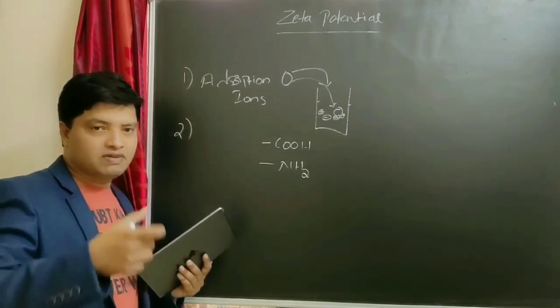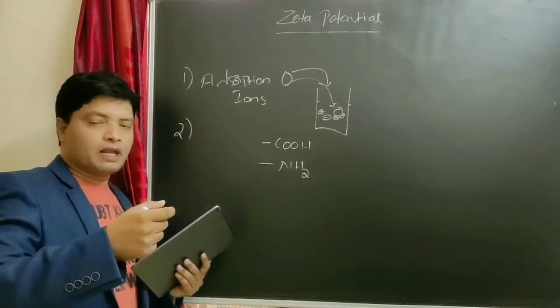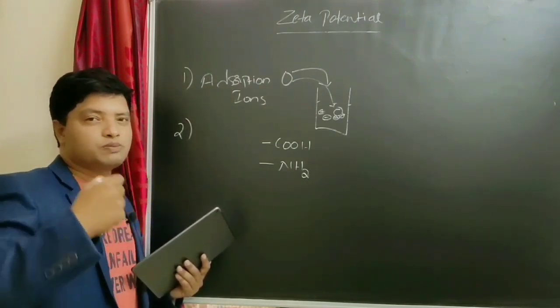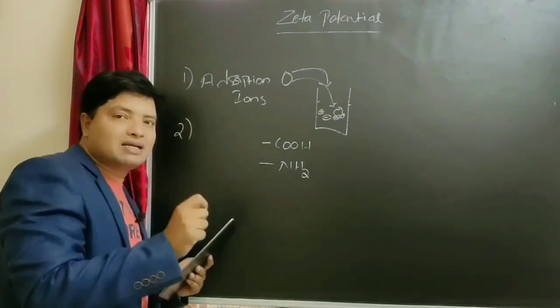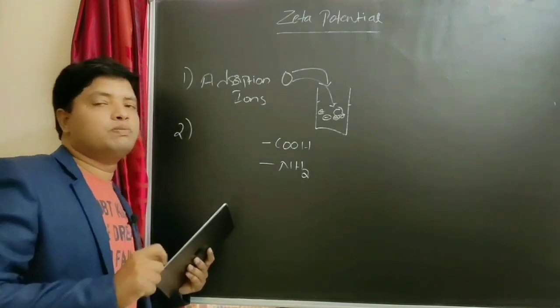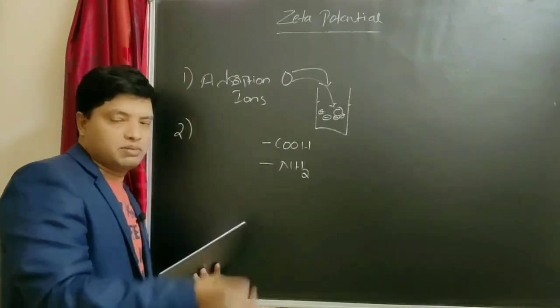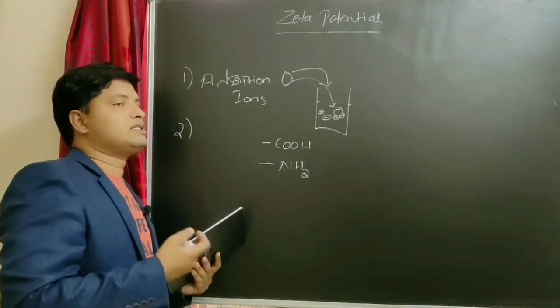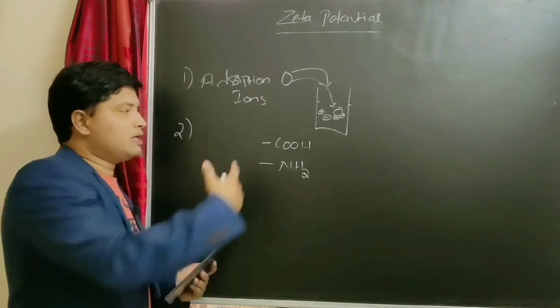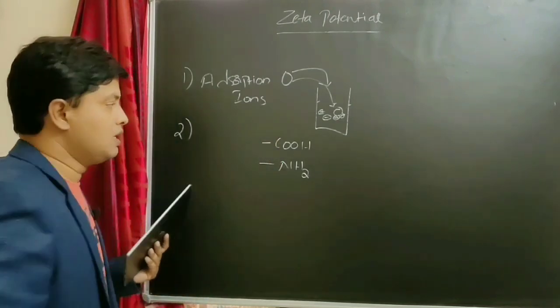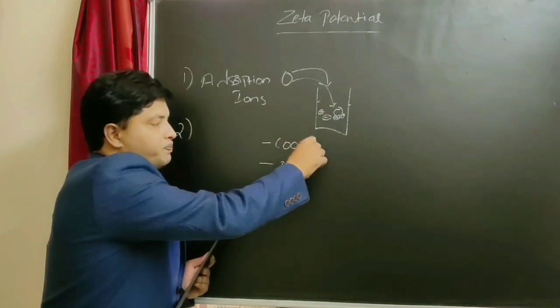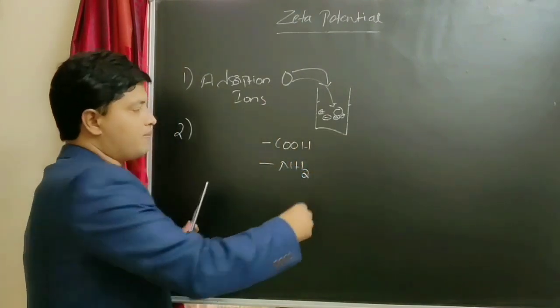So this particle, which I am going to speak about in this method, has an ionizable group within it. Its chemical nature is that it contains an ionizable group. Let's say it is a weak acid, a COOH group on the particle. As soon as this group comes in contact with the water, what happens?